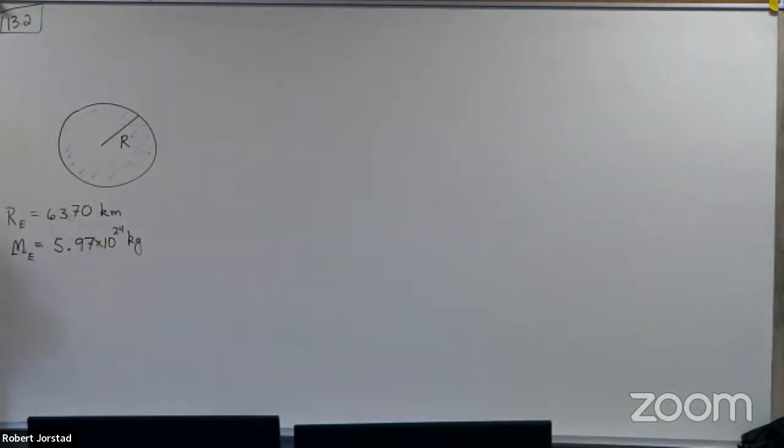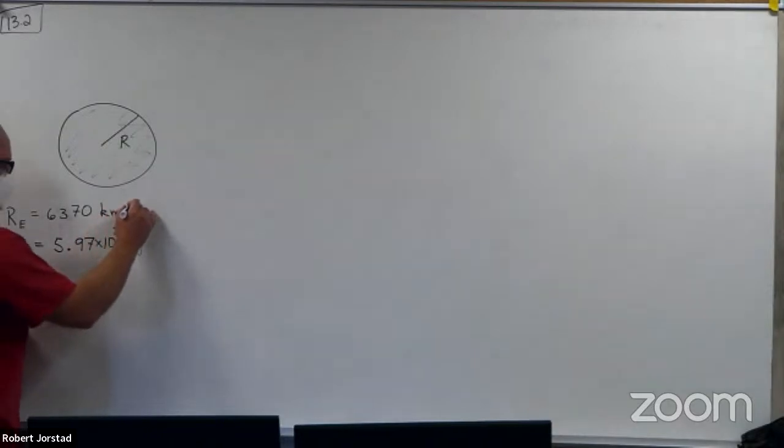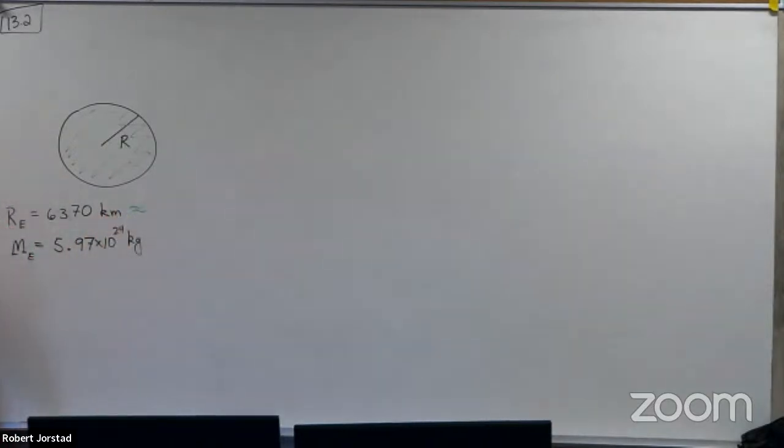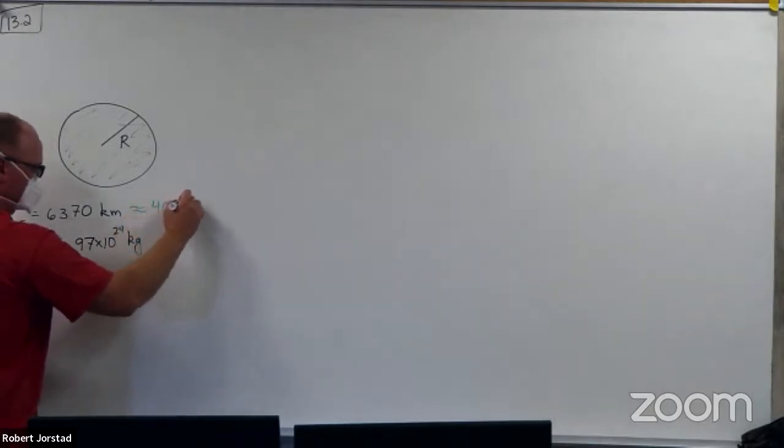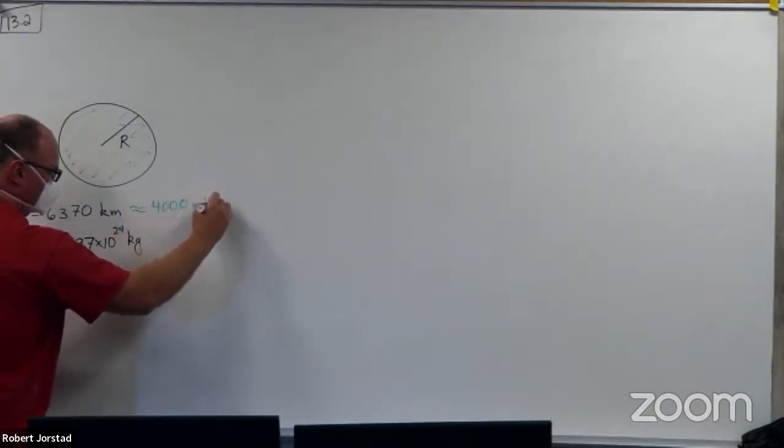In practical terms, we're going to do a very simple model here. We're going to assume the Earth is a perfect sphere, perfectly flat, no mountains on the surface. At first glance, you might say that's absurd. Does anybody happen to know how big this radius is in miles by chance? It's approximately 4,000 miles.